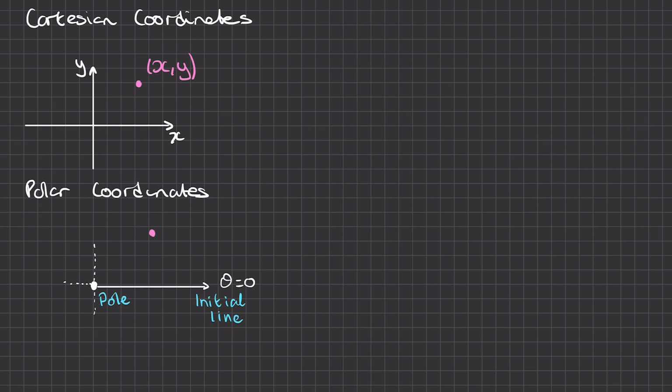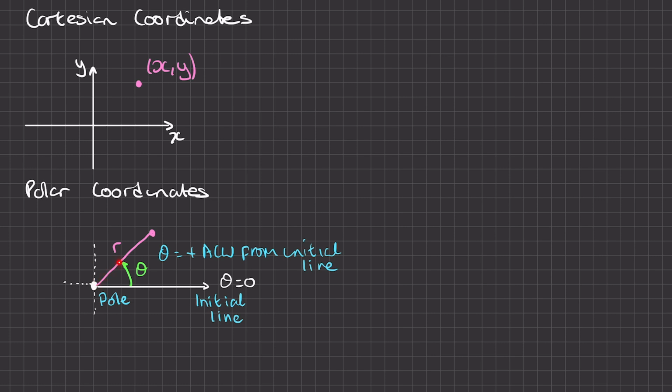We need to travel from the pole to the point, and this is the radius. But to make this point fixed, we rotate anti-clockwise from the initial line by angle theta. So theta is always positive when it's anti-clockwise from the initial line.